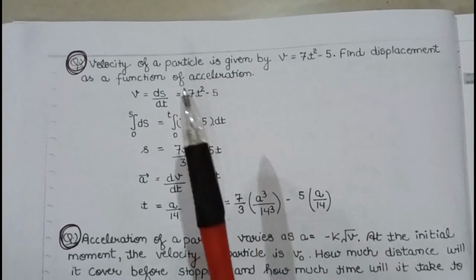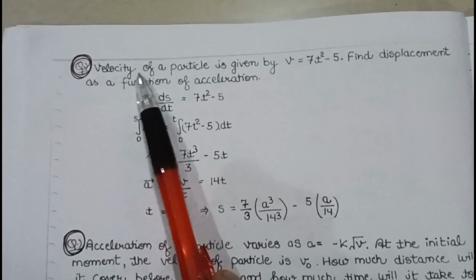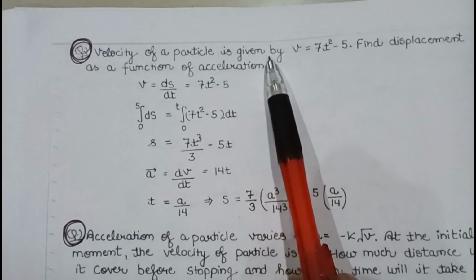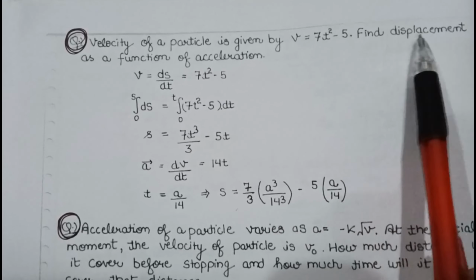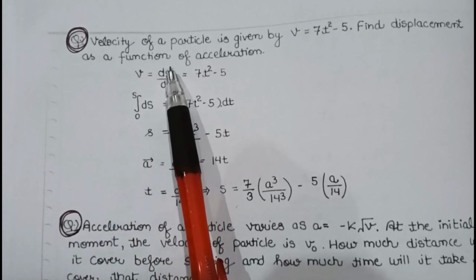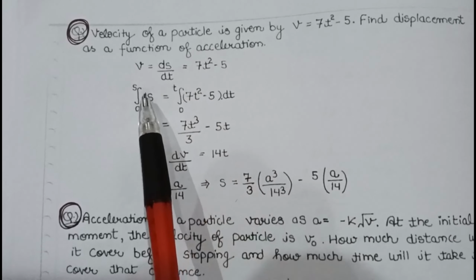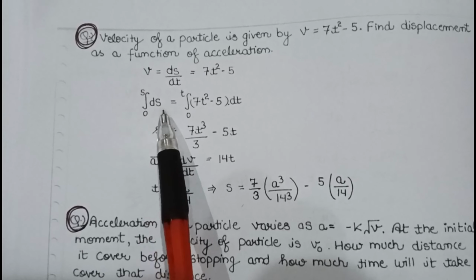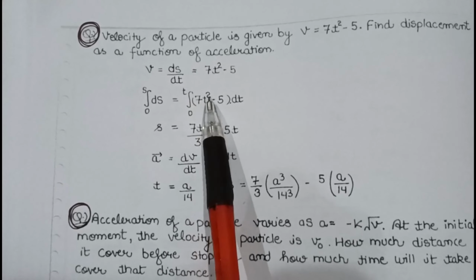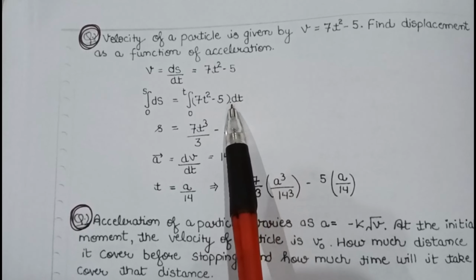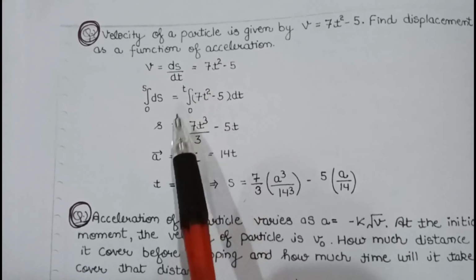Now we look at the next question: velocity of a particle is given by v is equal to 7t square minus 5. Find displacement as a function of acceleration. V is equal to ds by dt, which is equal to 7t square minus 5. Therefore, integration of ds from 0 to s is equal to integration of (7t square minus 5)·dt from 0 to t.